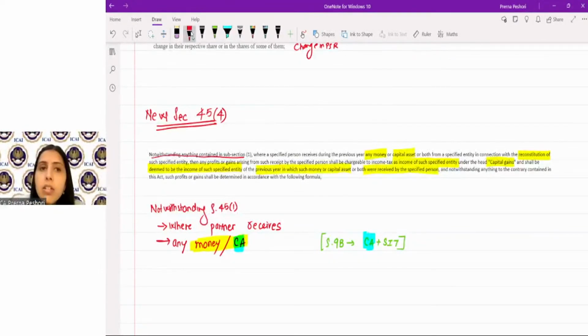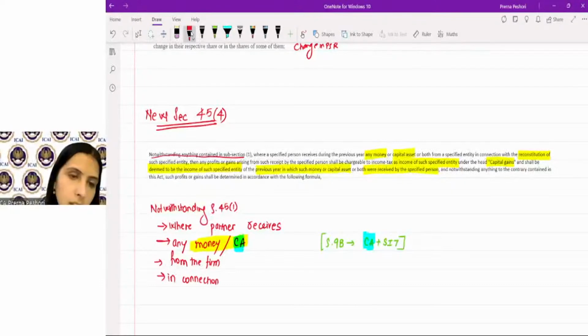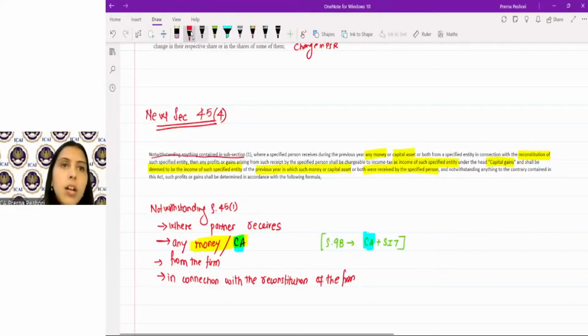Right? Where a partner receives any money or capital asset from the firm or the specified entity, in connection with the reconstitution of the specified entity or the firm. In connection with the reconstitution of the firm. 9B was covering what?